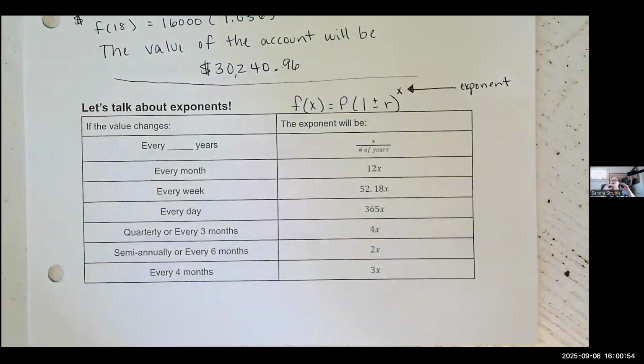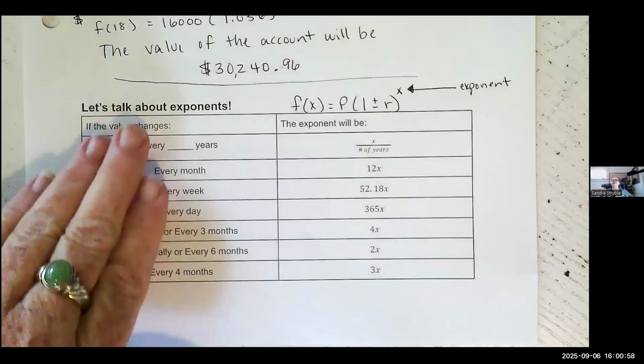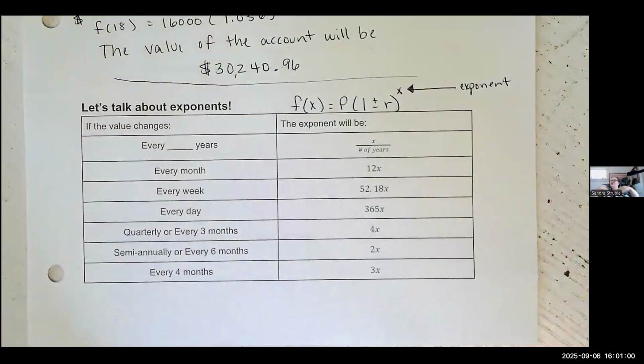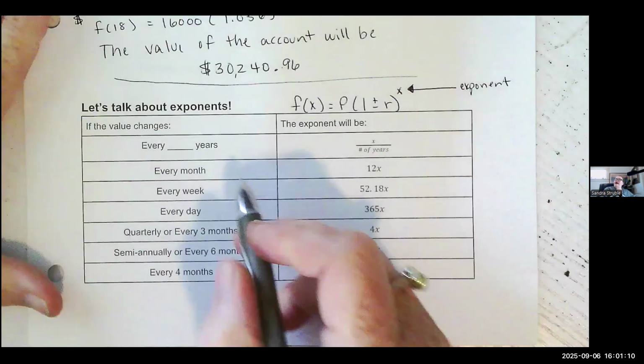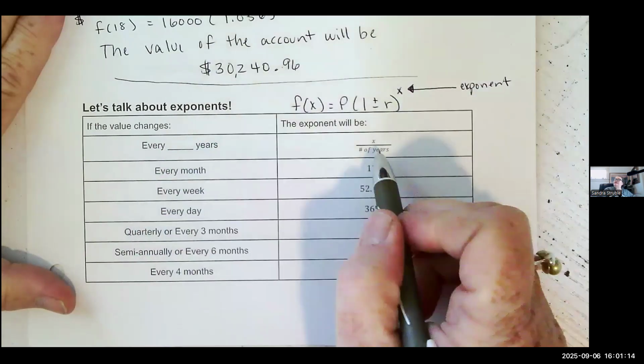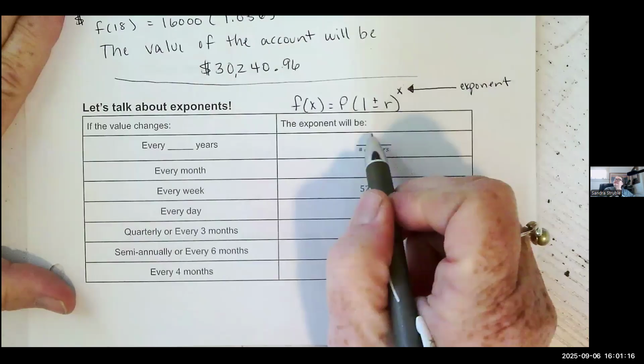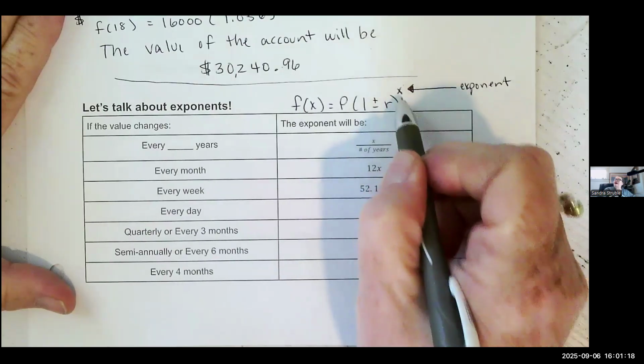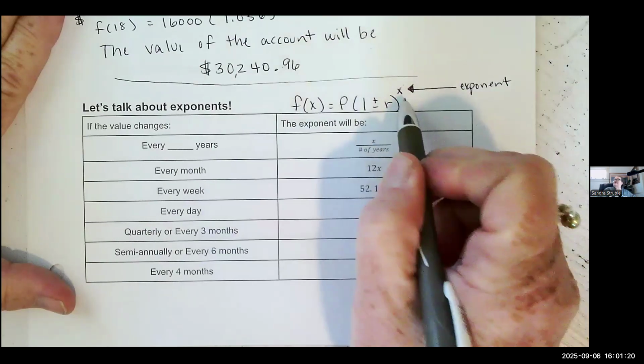So if you're reading along and it says the value changes every 3 years, every 6 years, every 2 years, a number other than every year, which is one, whatever this number is, you're going to put in the exponent as x divided by whatever that number is.